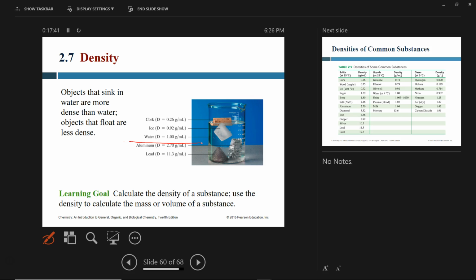Does that make sense? On the other hand, if you take another liquid, such as mercury, with a density of 13.6 grams per milliliter, and you pour it in the water, what's going to happen? It's going to sink. This is how pure mercury is collected and stored in a chemical lab.